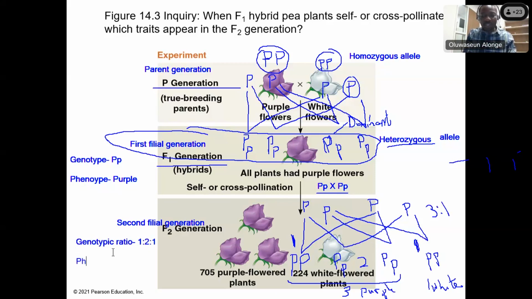Then phenotypic ratio is 3:1. So that's the standard. You don't want to forget this. This is something you should expect every time. I'll continue now.